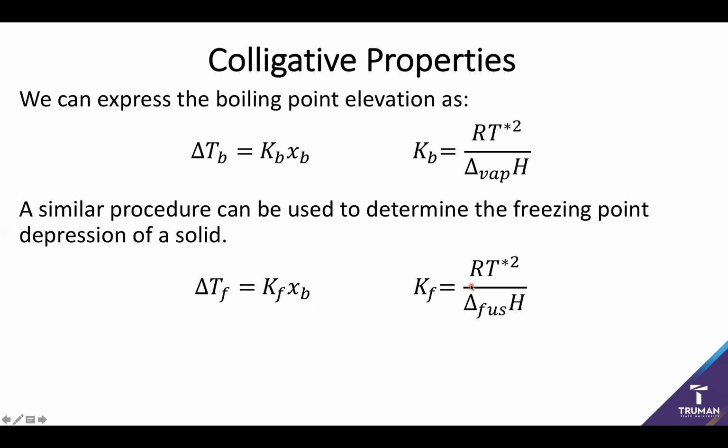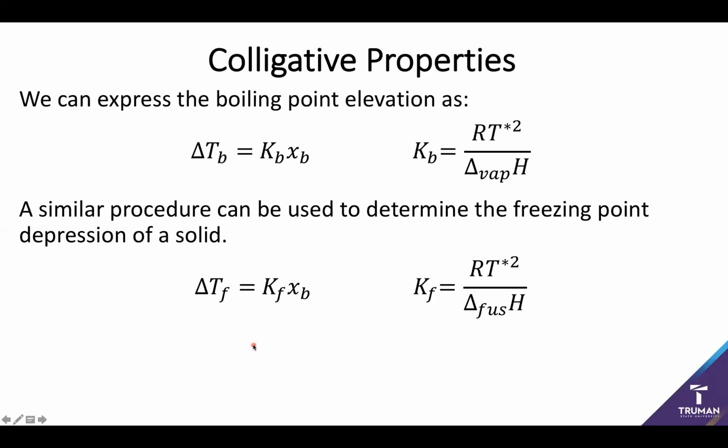And it's also going to be related to the freezing point of the pure substance and the enthalpy of fusion. So again, with several simple variables, we have a very elegant way to describe changes of our system.